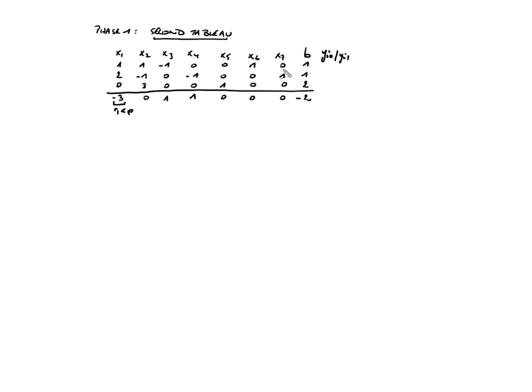So it's this one by this one, that's a 1, this one by this one, that's a half, and this one by this one, this is infinity. And the smallest one is therefore this one over here. So the new pivot is over here, and we can see that it will be x7 that will leave the base.